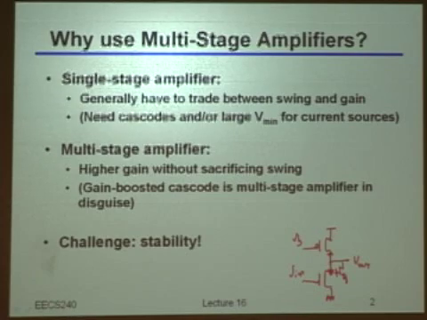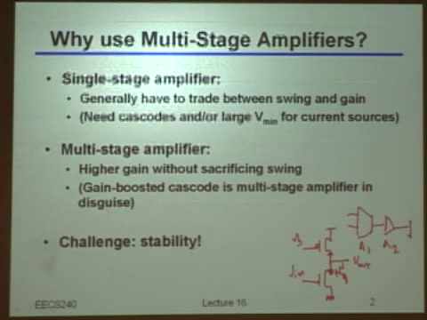So that's one way of doing that: using a multi-stage amplifier. You can say that even the gain-boosted cascode, which was not impacting the swing too much while giving you much more gain, is a multi-stage amplifier disguised in an inner loop. If you decouple these trade-offs, you can have an amplifier with gain A1 and then another with gain A2.